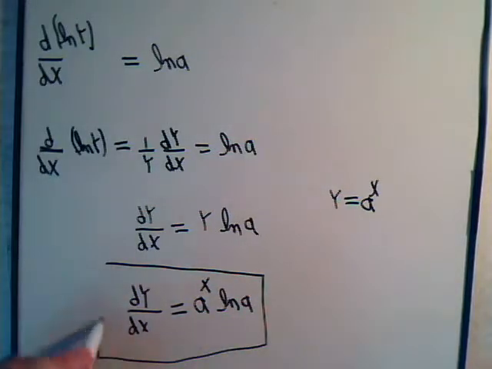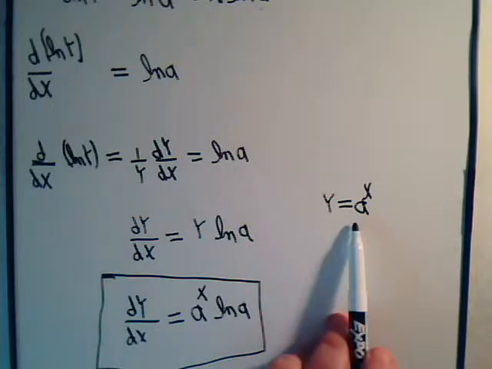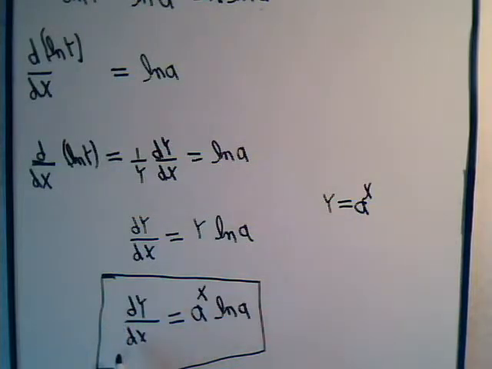And there's our answer. So, when y equals a to the x, dy/dx is equal to this times the natural log of whatever constant we have here. And that's it. There's no more to it than that.